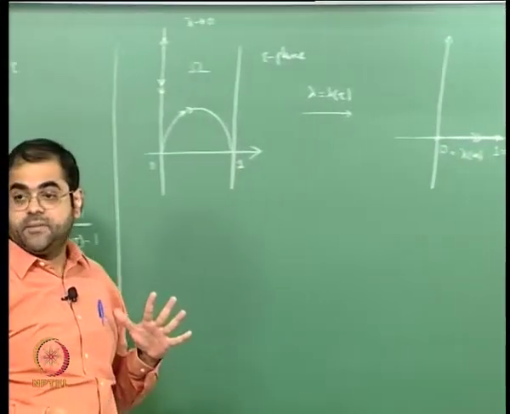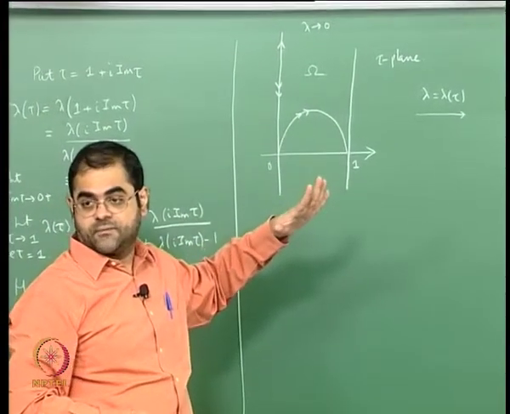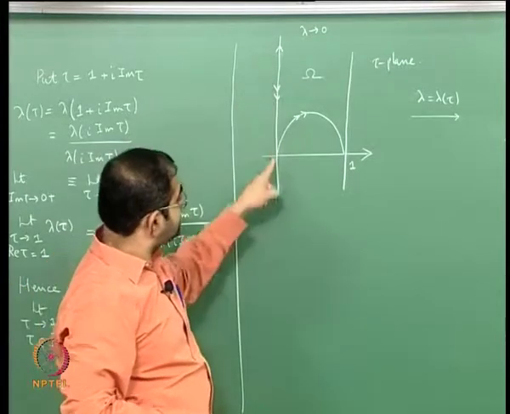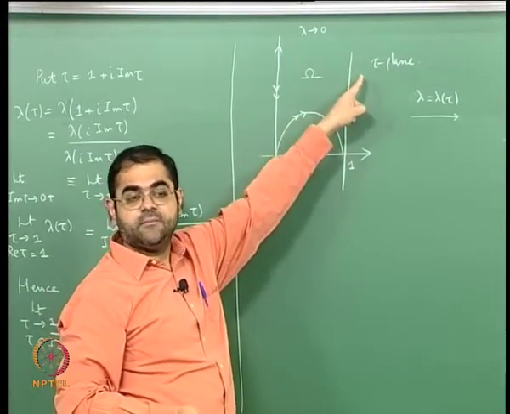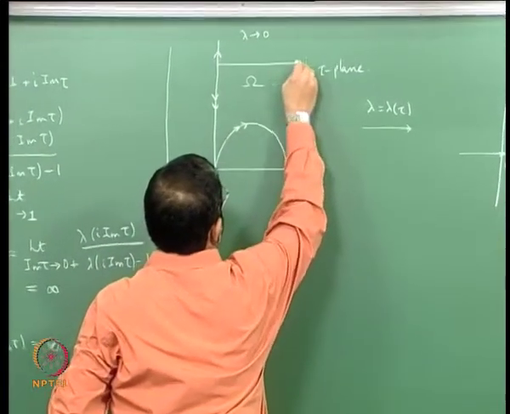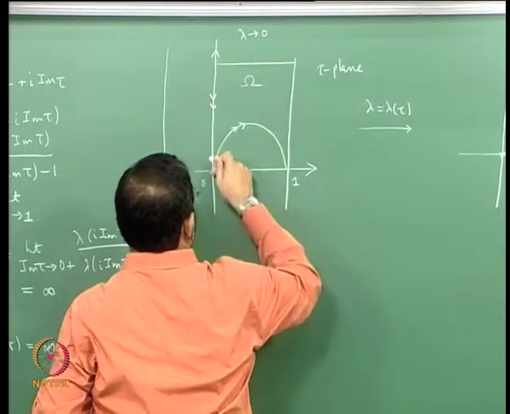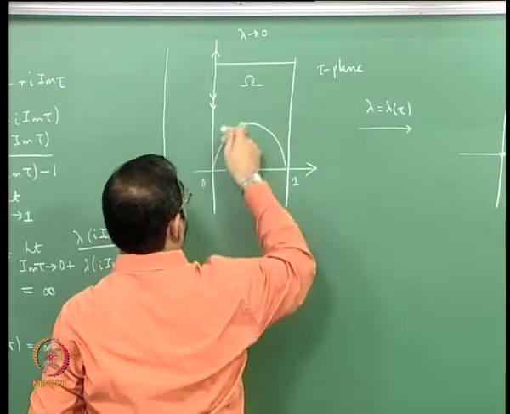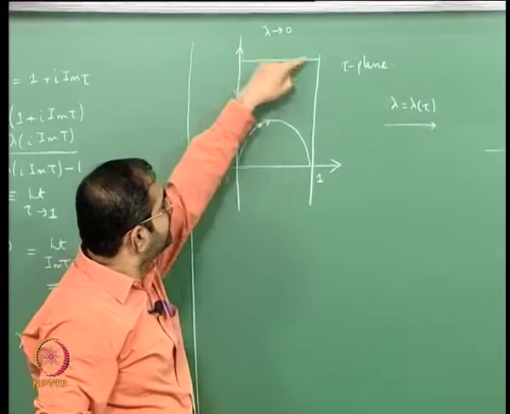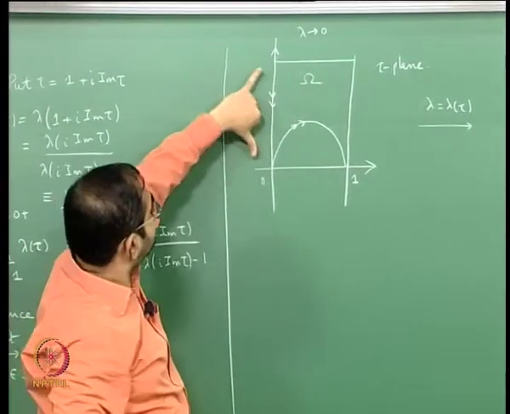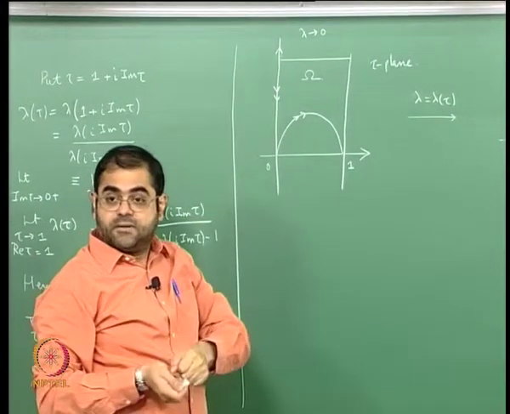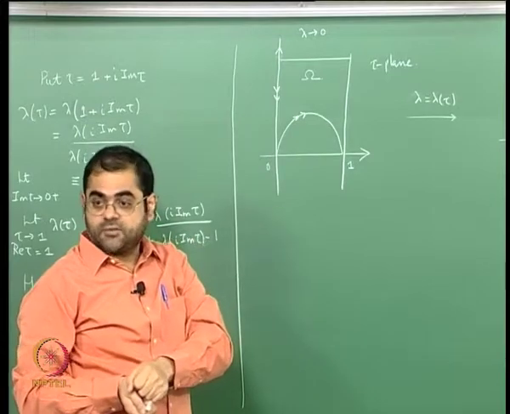So the information we have been able to gather is only this much. We will have to do some computations to really trace out the image of this region. What we will do is try to trace out the image of this closed path, by taking this line segment and assuming that the y intercept is quite large, that is, the imaginary part of tau is large enough.